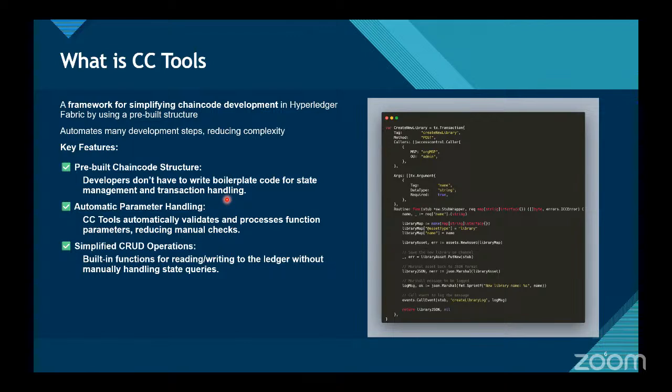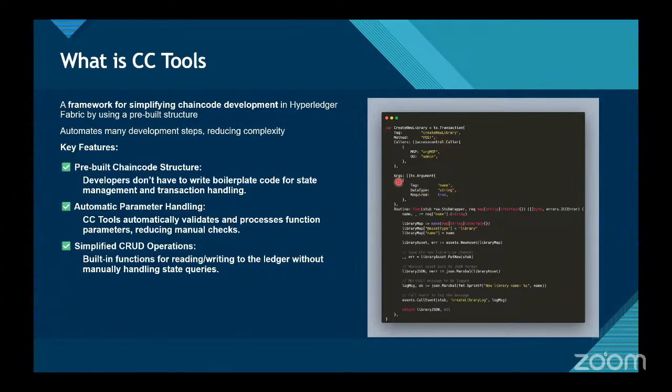So the CC Tools creator thought, okay, we can make this simpler. We can have a pre-built code structure that we enable other users to start from. Like you see from the code snippet here, it is a complete transaction routine. There's a complete transaction structure definition where you have an example of a library, and I want users to be able to do a create new library transaction, and then they are required only to process the arguments.